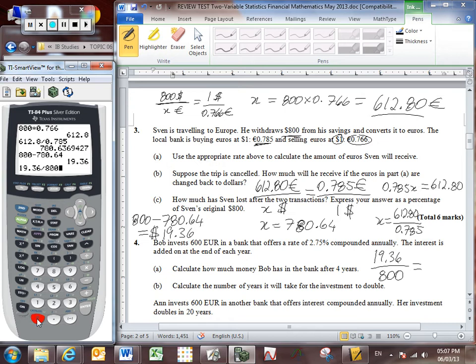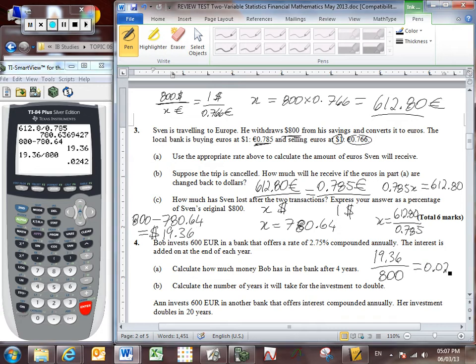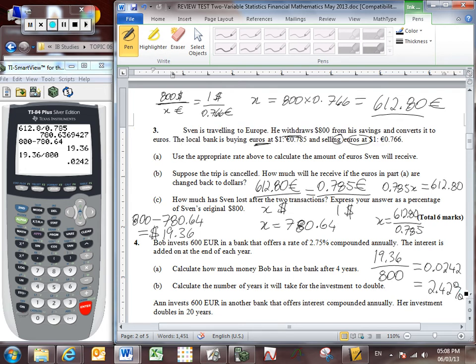So we'll find out what proportion, and it was 0.0242, and we can move the decimal place over twice in order to get 2.42% is the amount of commission, I suppose, that the bank has made through this double transaction. They took 2.42% of his money.